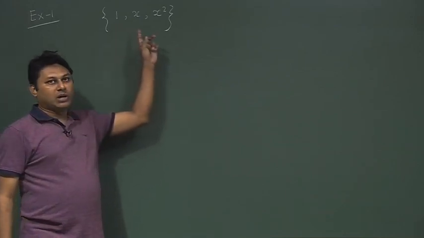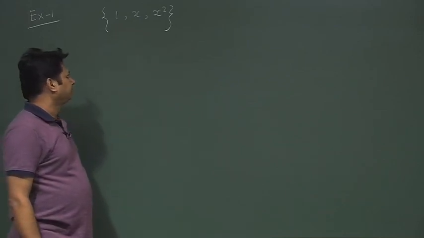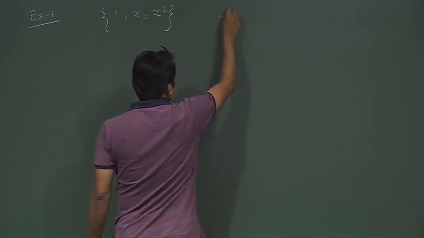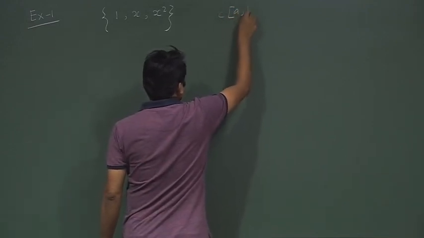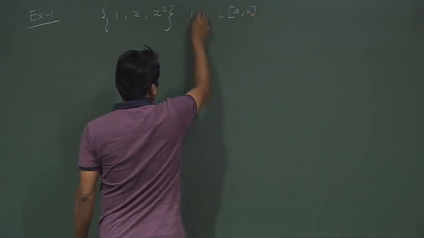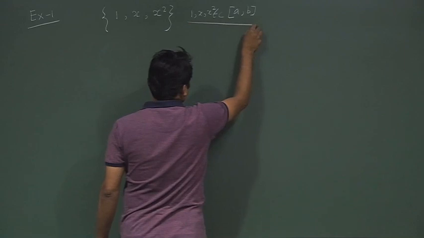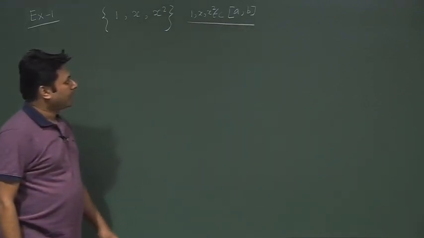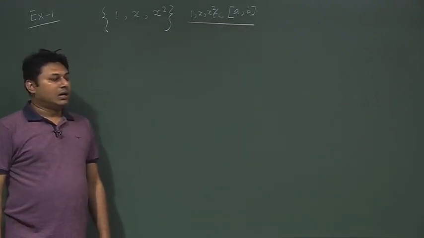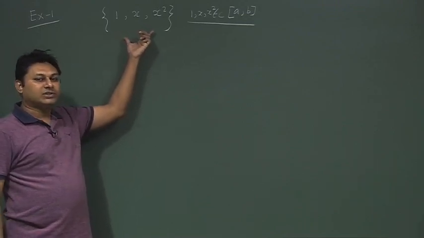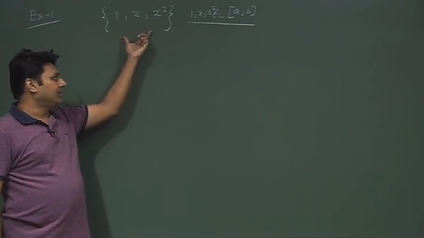These are continuous in some interval a to b. Now, I want to find out whether this set of functions is linearly independent or not.